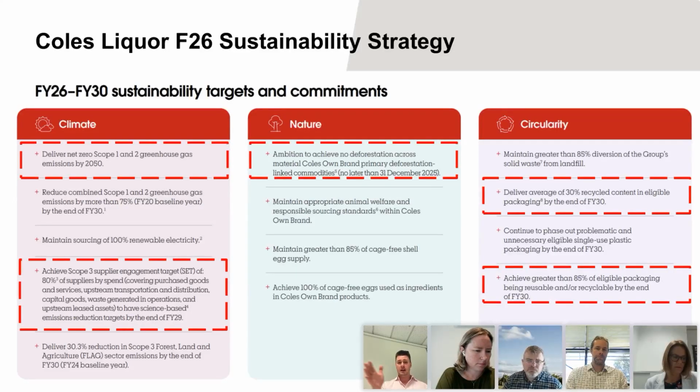So that's really to mitigate the most significant effects of climate change.